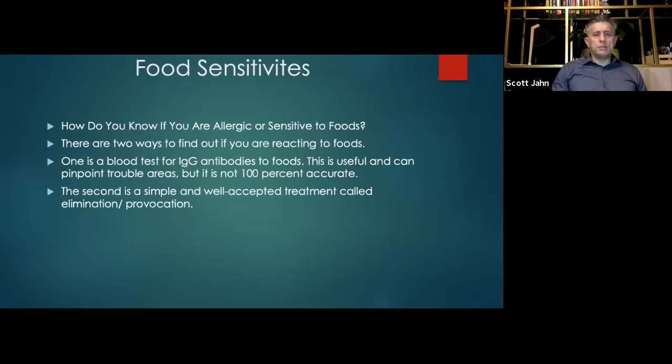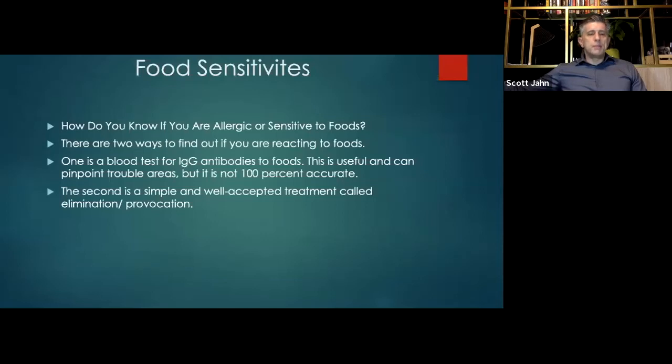There's another way to do it, called elimination provocation. Basically, you would try to eat super clean, only a couple of foods that you know are safe and that you don't react to, maybe organic chicken breast and some steamed broccoli.